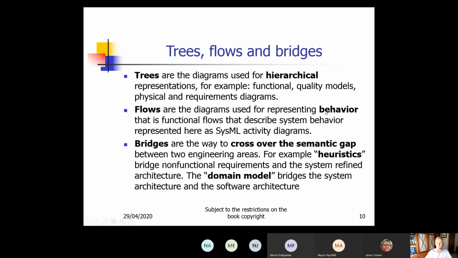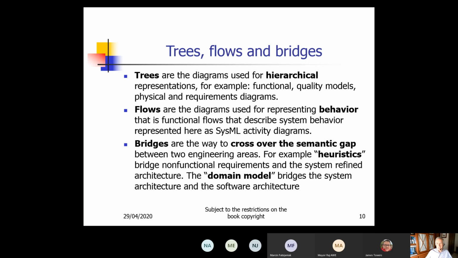We use flows to represent behavior, that is, functional flows, to describe system behavior, represented as SysML or UML activity diagrams. We use bridges to cross over the semantic gaps. For example, for the semantic gap between non-functional requirements and the system refined architecture, the bridge is the heuristics.